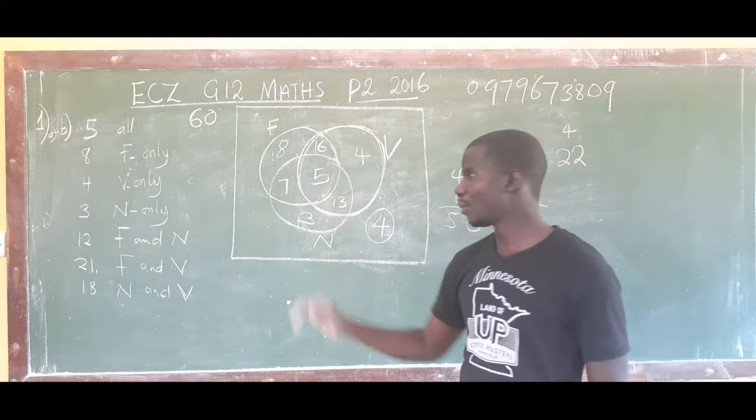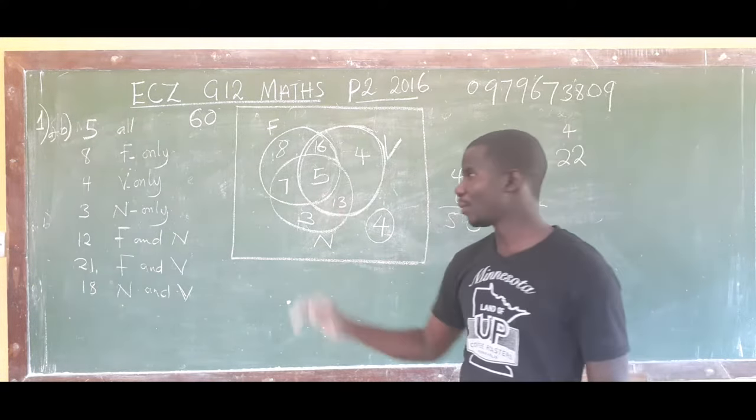When you round these to three significant figures, 1, 2, 3, it's going to be 306. That is going to be your answer when you round it off to three significant figures.